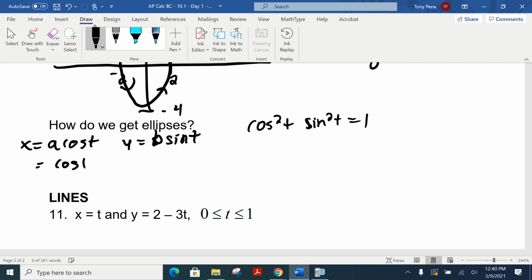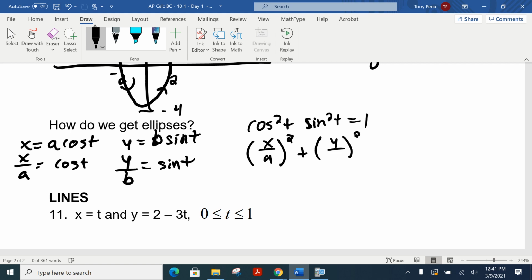Cosine in this case is x over a, if we solve that. And then sine for these is y over b. So do those substitutions. Instead of cosine squared, I'm going to do x over a. Instead of the sine squared, we're going to do y over b. Isn't that basically right off the bat what the equation of an ellipse would look like?